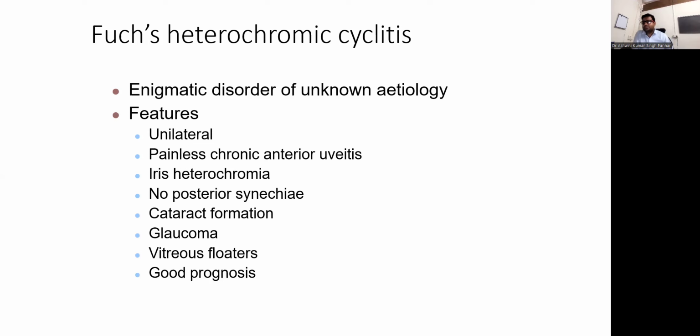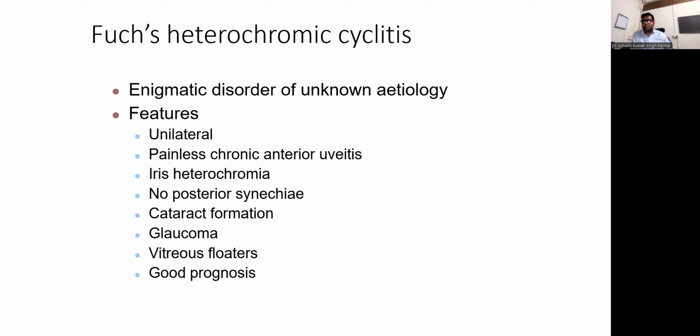So the formation of seclusio pupillae or occlusio pupillae, these kinds of things won't be there in the posterior chamber, so no aqueous hindrance or anterior synechiae. Neither the formation nor the drainage of the aqueous humor will be affected. So the anterior chamber pressure will be normal, the cornea will be normal, the patient will be quite normal, rather than sometimes presenting with cataract. The only findings are a young adult, unilateral, and fine stellate KPs, on the basis of which you can make the diagnosis of heterochromic iritis.